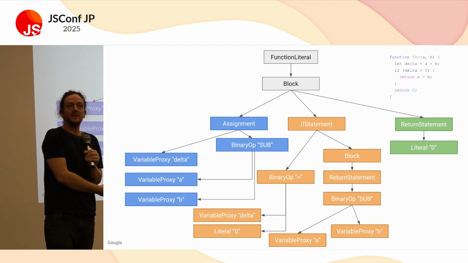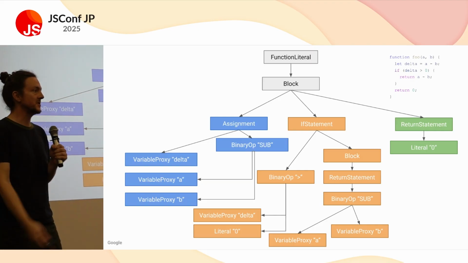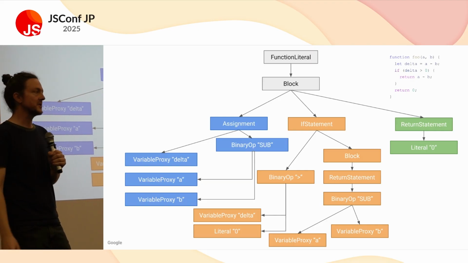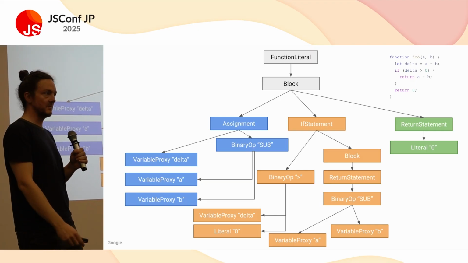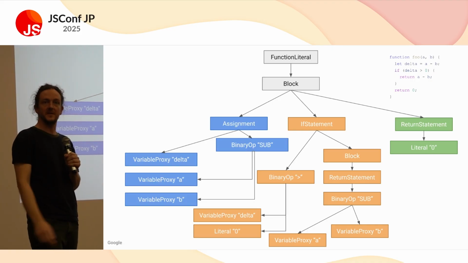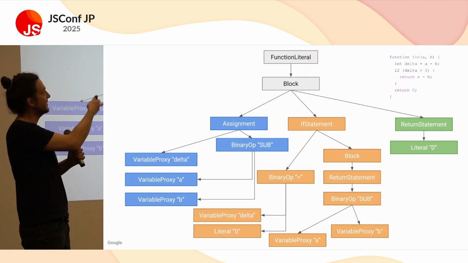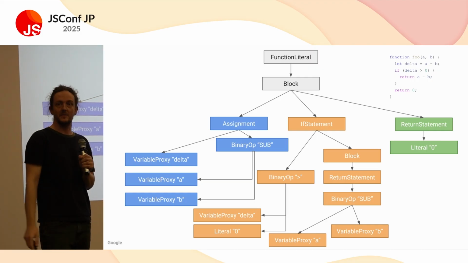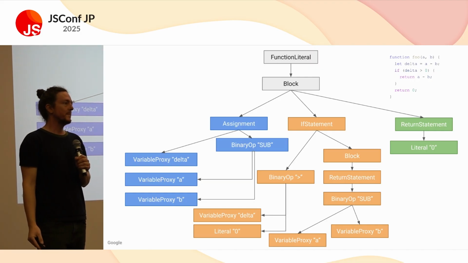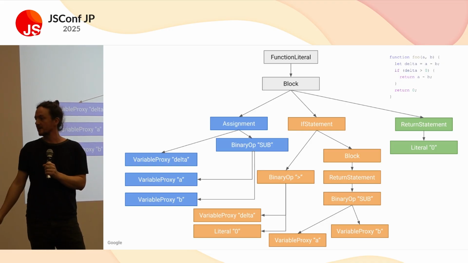We could execute this. There are AST interpreters, which take such a graph of a function and just execute it. It's not hard to envision. You write a visitor that goes to every node, computes what it does, and in the end you get a result. The only thing you need here is the values for A and B, and then you can run this function. This is not what we do, because that would be extremely slow.